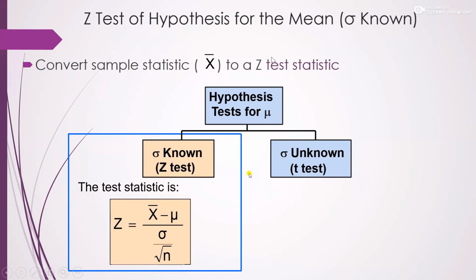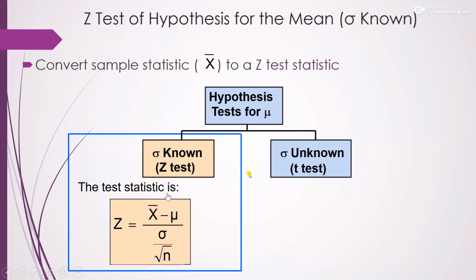If sigma is known and the population is normally distributed, or we have enough sample size, then the sampling distribution of x bar is also normal, with mean mu and variance sigma squared over n.